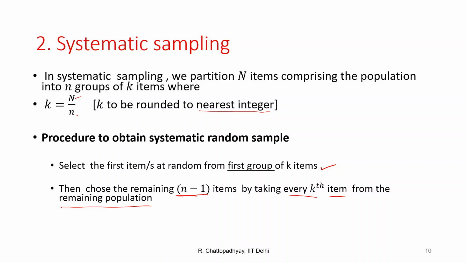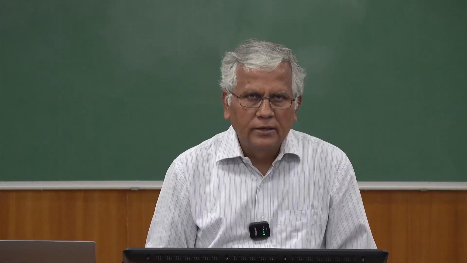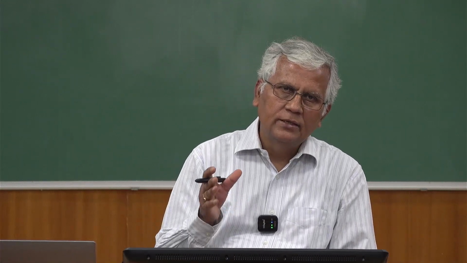If there are n groups, suppose we have to choose n items. So from the first group, we choose a particular item at random. Then we go to the second group, the third group, the fourth group. None of the groups will be avoided. We must select items from each and every group.